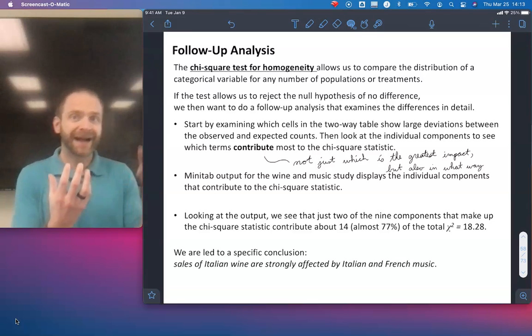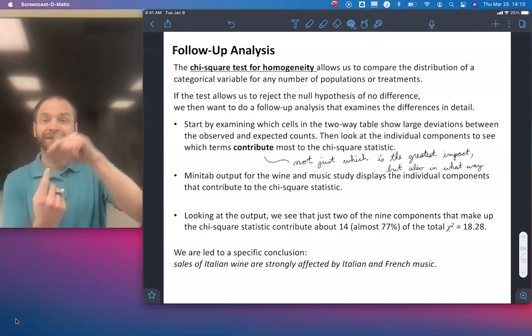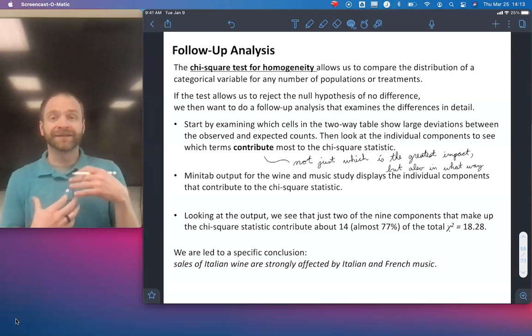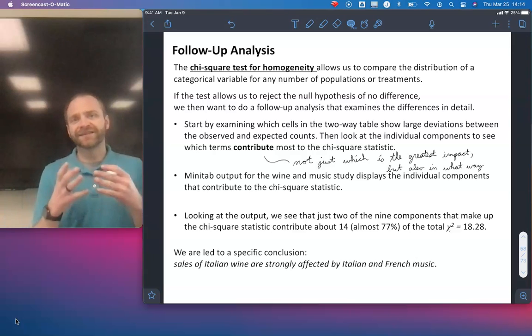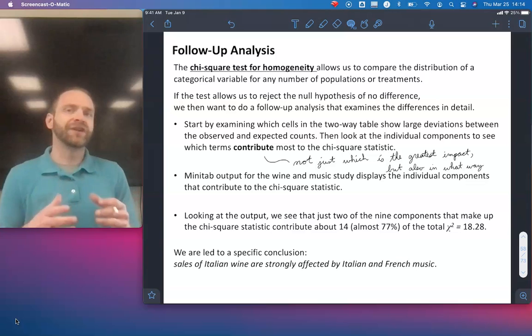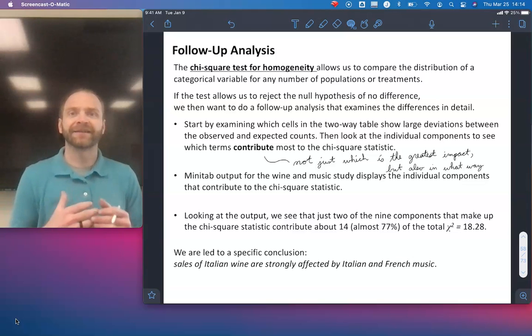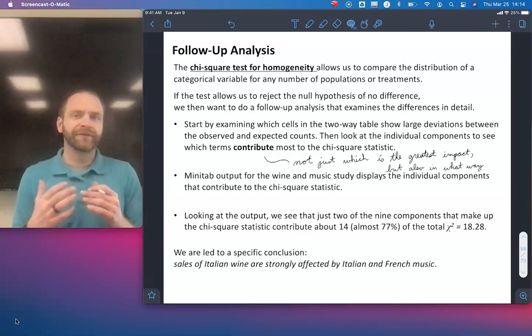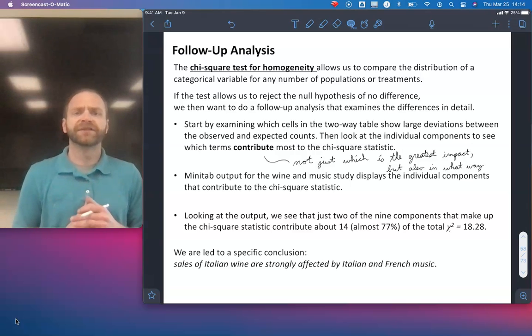But we have to go into the observations and look at what we were expecting to see. Is what we observed less than or greater than what was expected? So don't just say this number had the highest impact on the chi-square statistic. You have to address how it has the highest impact. Is it because we observed something way higher than what was expected, or something way lower than what was expected?